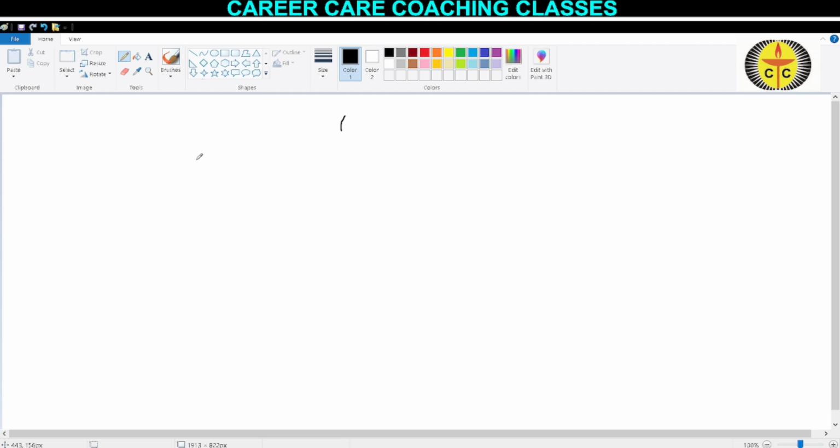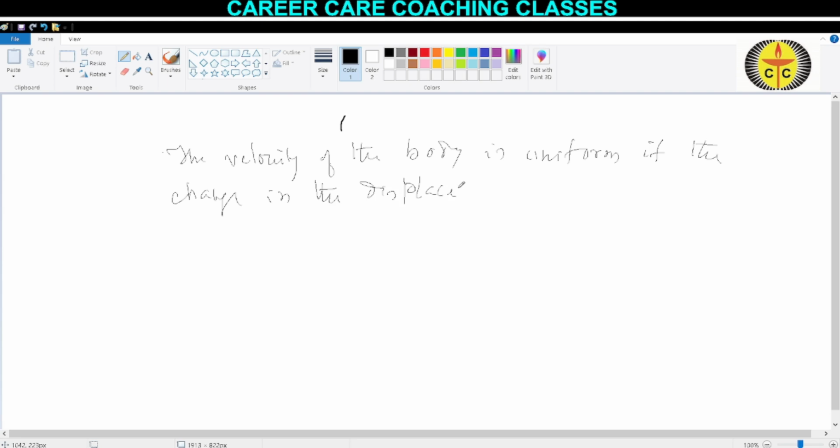So the velocity of the body is uniform if the change in displacement is equal at equal intervals of time.